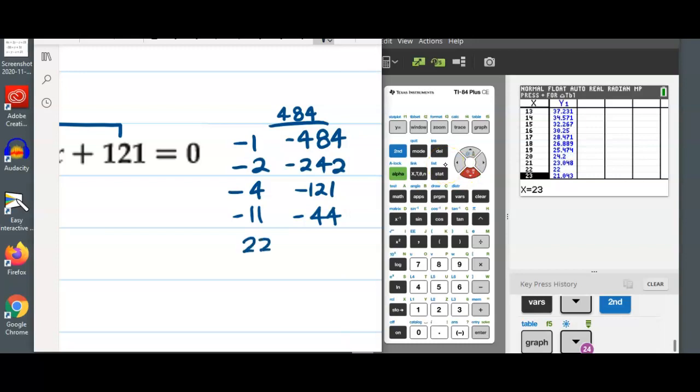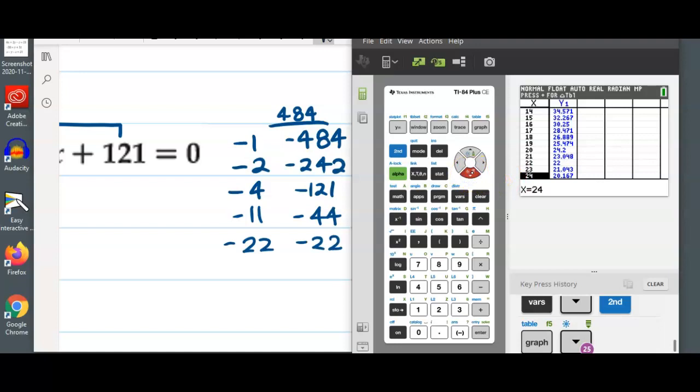And 22. And remember, once you find your winning combination, you can stop searching.